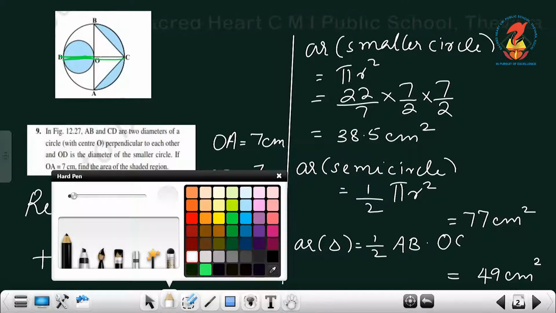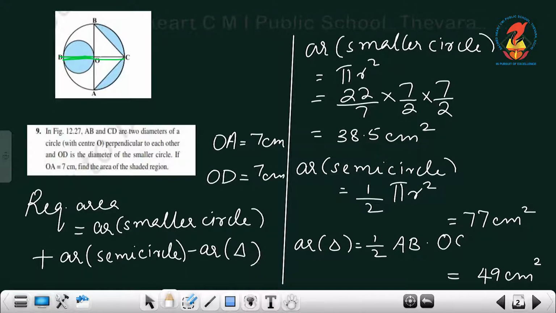OD is given as 7 centimeter, because OA is 7, OC is 7, OD is 7 and OB is 7. OD is the diameter of the smaller circle, so OD is equal to 7 centimeter. But the radius of that smaller circle is 7 by 2. So pi r square is equal to 22 by 7 into 7 by 2 into 7 by 2, which is equal to 38.5 centimeter square.